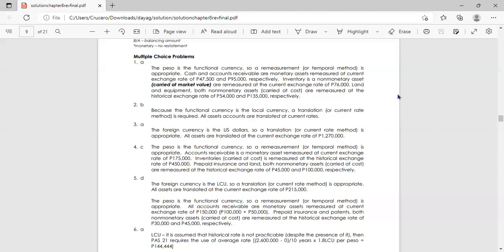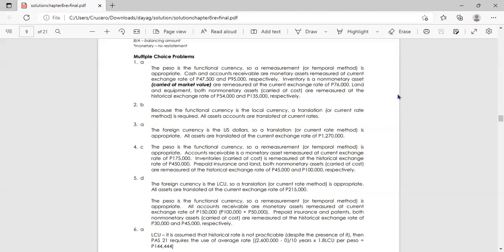Certain balance sheet accounts in a foreign subsidiary of SS company on December 31, 20x4 have been restated in pesos as follows. So we have restated at current rates and at historical rates: accounts receivable, current, long-term, prepaid insurance, and patents.